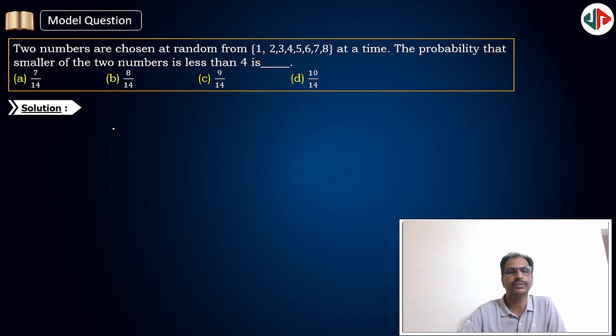Next, two numbers are chosen at random from 1, 2, 3, 4, 5, 6, 7, 8 at a time. In how many ways can we select two numbers from 8? 8C2, which is 28.